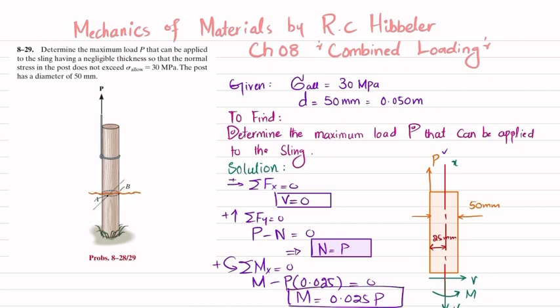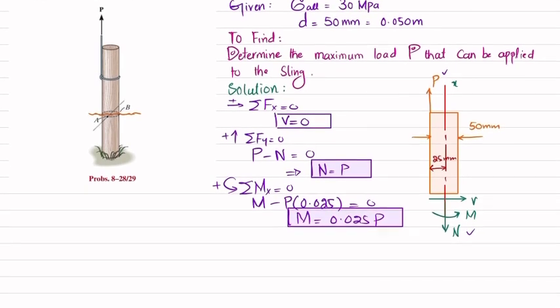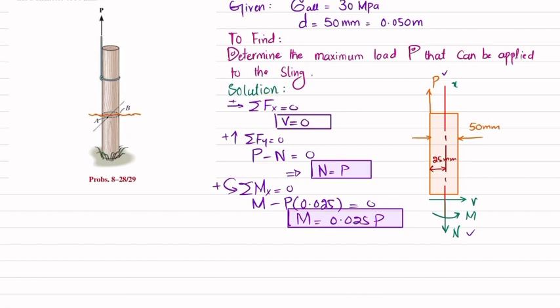So it means that the moment is equal to 0.025 times P. Now you have all these reaction forces and moment, so you can see that this is a case of combined loading. You have a normal force N. If we move this P to this axis, then P is equal to N, and you will have a moment as well.